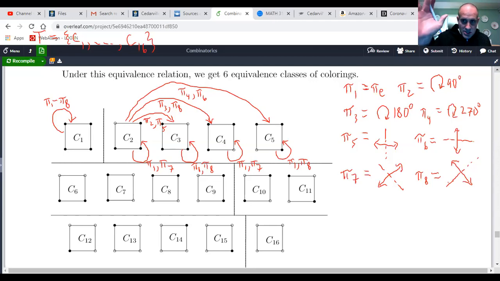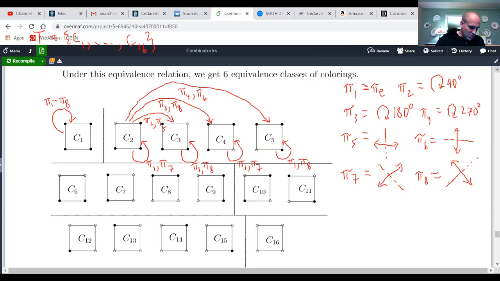We're thinking of permutations that are moving the colorings around, and we're just going with it. We know what we mean. But just know in your mind that this is a different permutation from the permutations that we're operating on the vertices themselves. So what do you think is going to happen with C2 and C11?